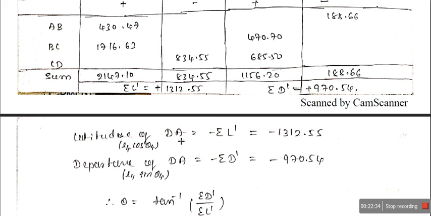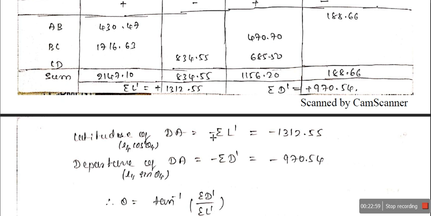Now here is summation of L dash. Here I am writing the same condition. Latitude of dA is equal to, you have to consider the opposite sign convention here. If it is positive here, you have to consider the minus sign. If we are getting minus sign here, we have to consider the positive.